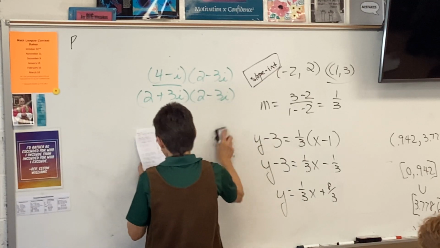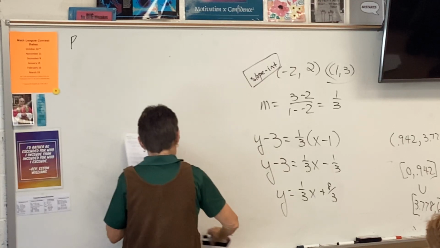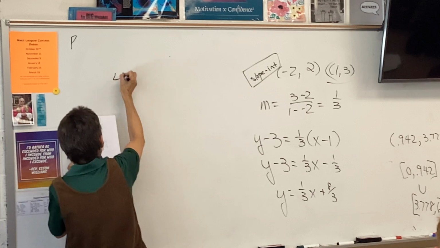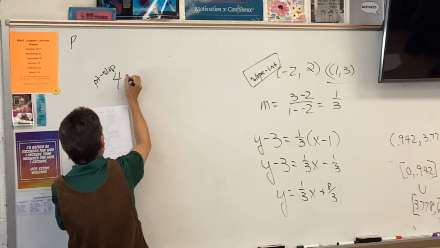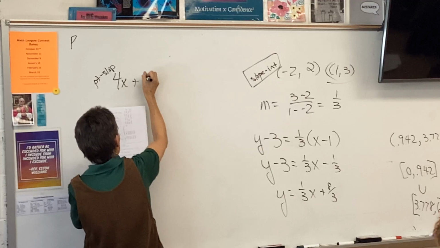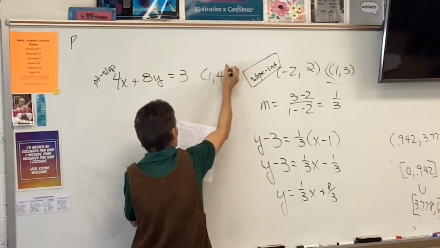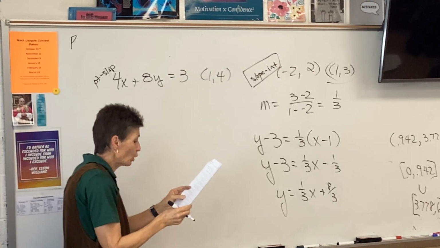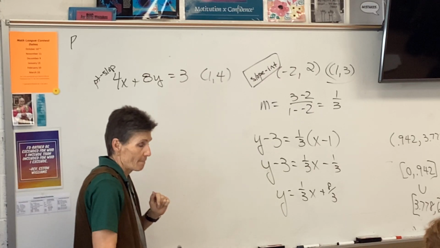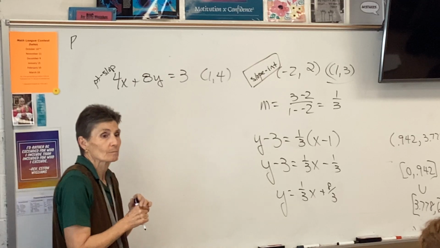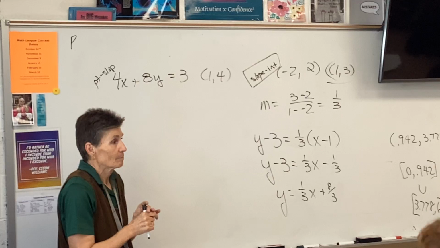All right, now I want to do a line perpendicular to this. We'll do this one in point-slope form. So 4x plus 8y equals 3. We want to be perpendicular to that. What does that mean?